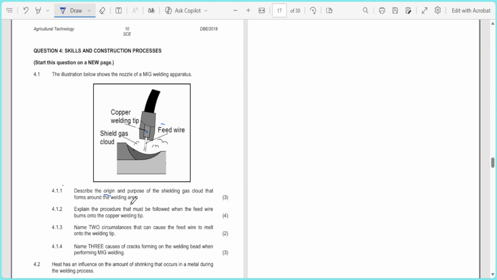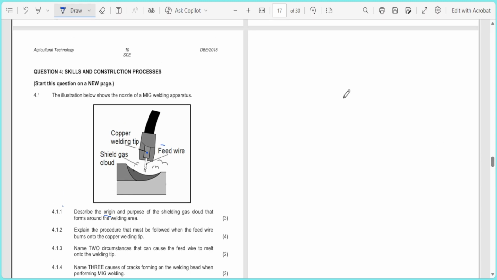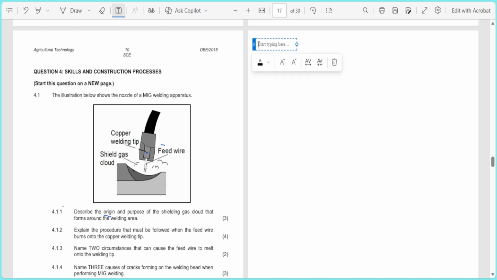But we need to describe its origin as well as its purpose. So where does it come from, and what purpose does it serve? That is what we should be discussing here. Unlike the previous questions where I was using freehand, for this particular question, how about we type this time around.